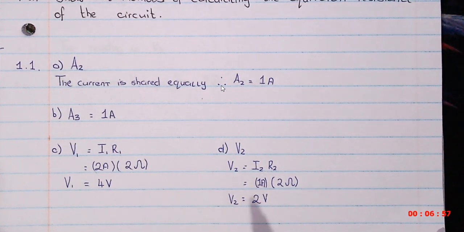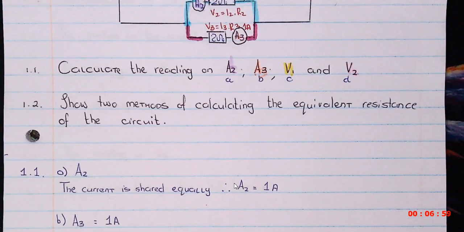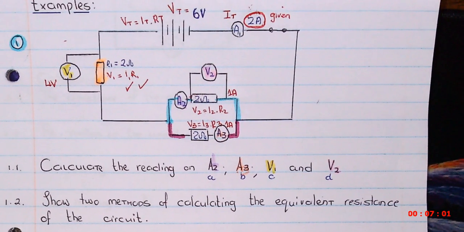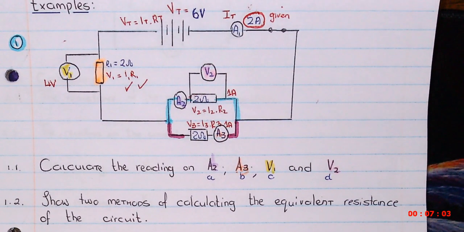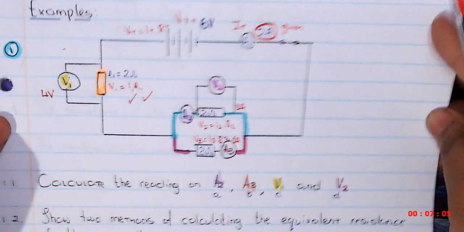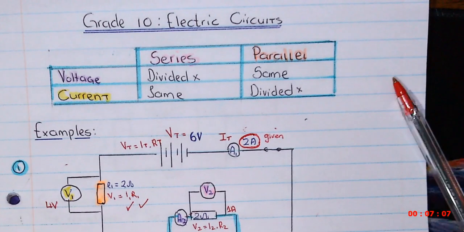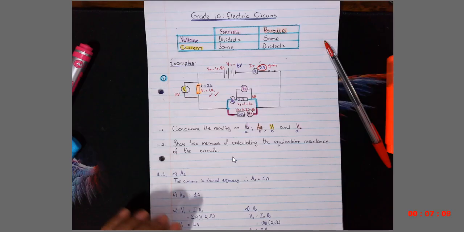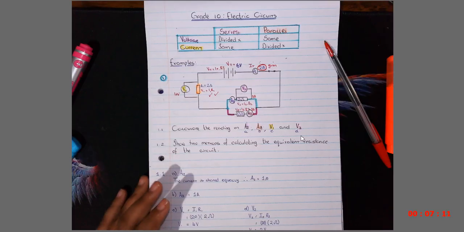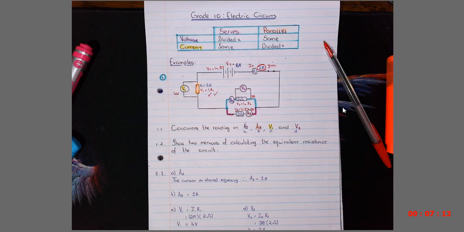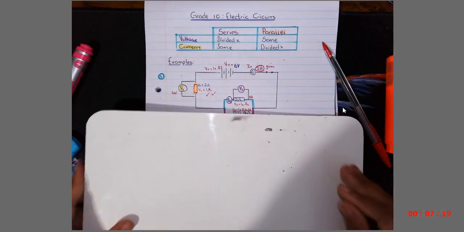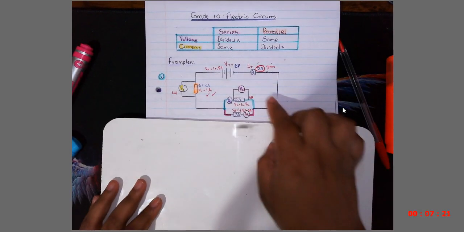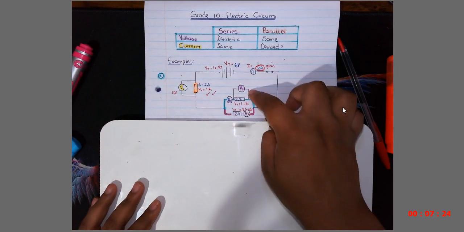Then the final question is to show 2 methods of calculating the resistance of the circuit. There are 2 ways to do it, and we are going to do both. We can either calculate the parallel combination and then add it to the series combination. So let's start with that.